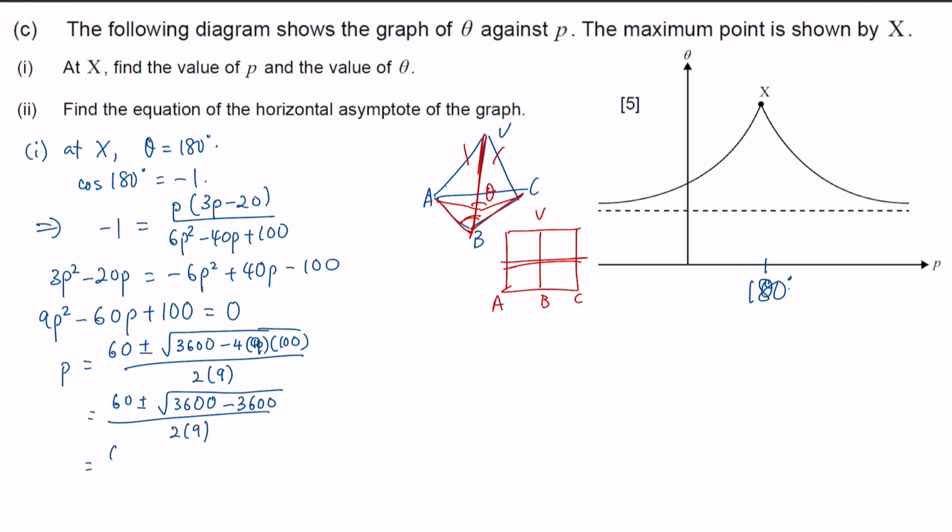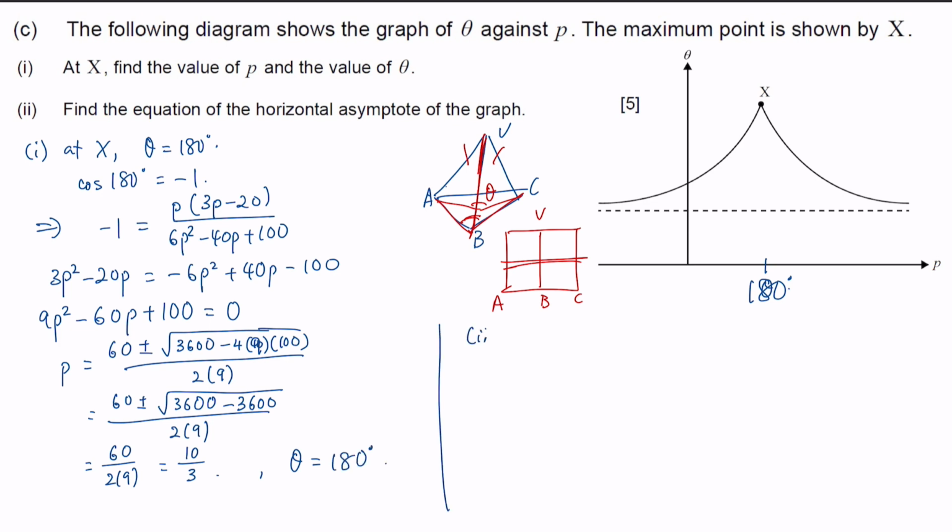So this is 60 over 2 times 9, and that gives me 10 over 3. So that's the value of P, and the value of theta is 180 degrees.